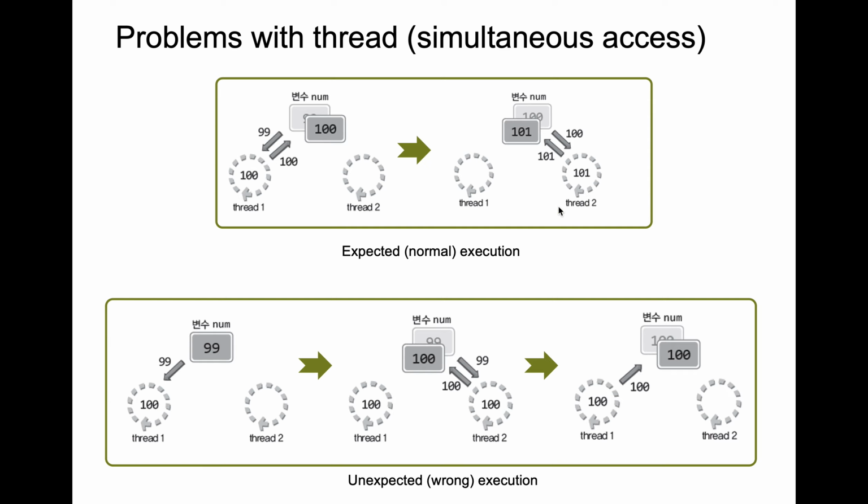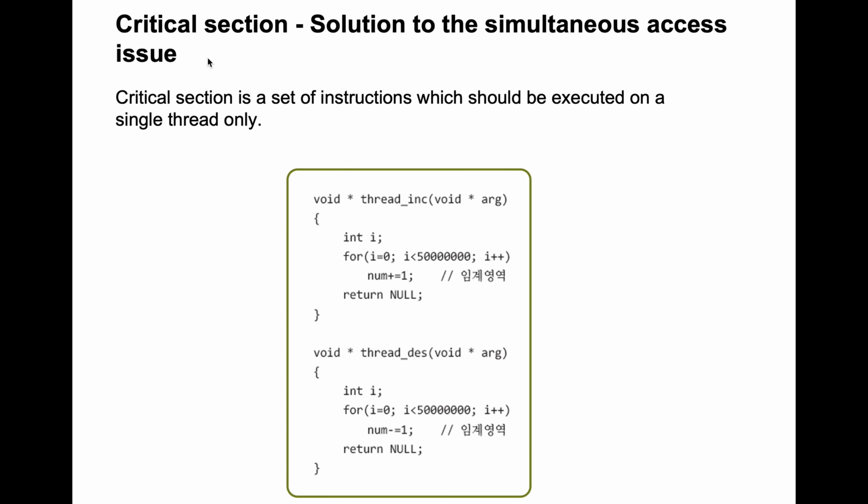And so in order to handle this, what we have to do is work with something called a critical section. We have to specify that that one incrementing operation is a critical section, and that would mean the CPU will not allow other threads to run their code when it's going through a critical section, which is a solution to the simultaneous access issue.